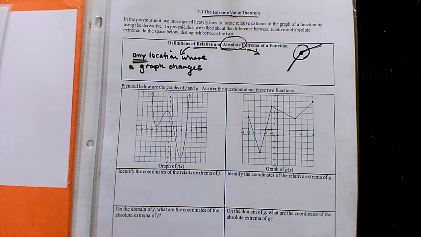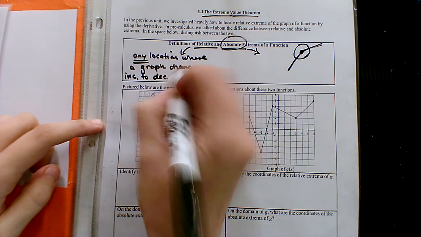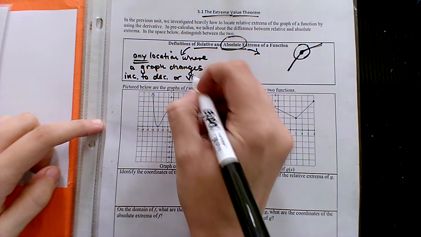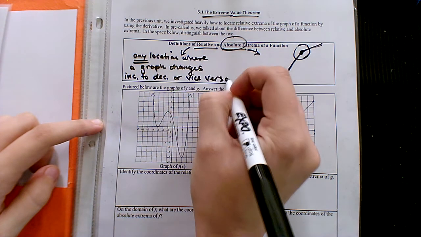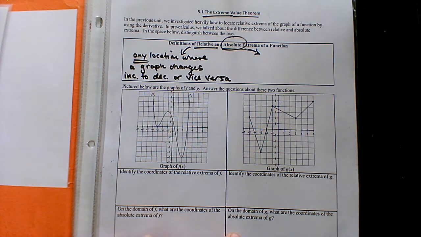Did he say increasing or decreasing? Yes, okay. Changes increasing to decreasing or vice versa. Christian, I know what you meant, but I'm going to be a little bit more specific.